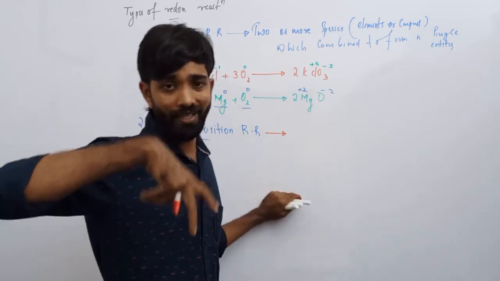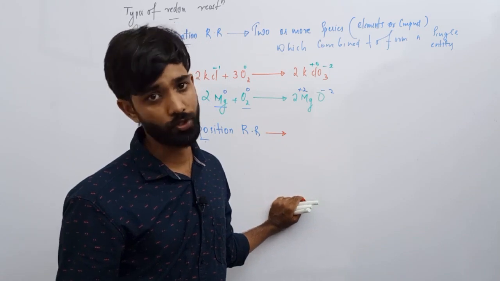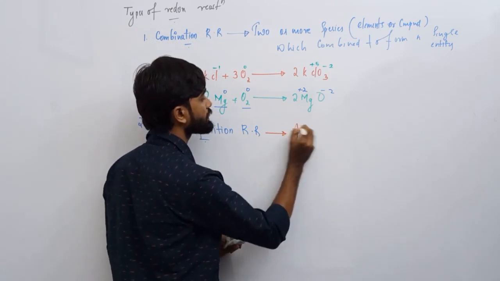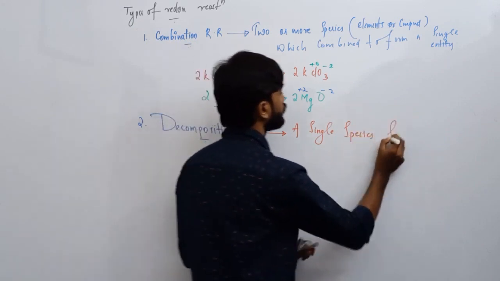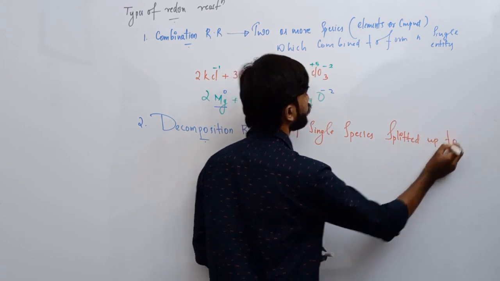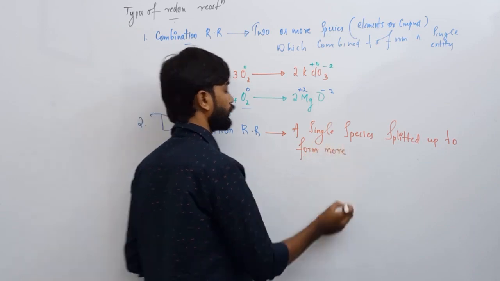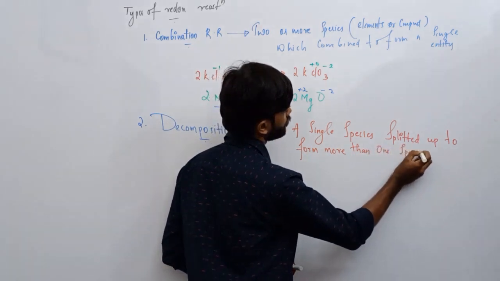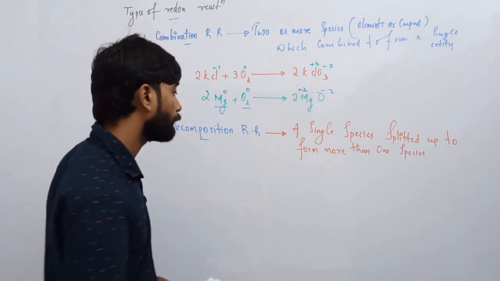So a single compound, a single entity, splits to form more than one species, and the formed species may be molecules or elements. So a single species splits up to form more than one species. Ready?